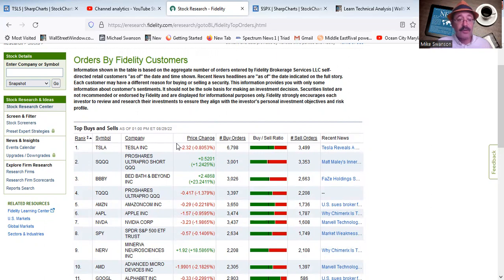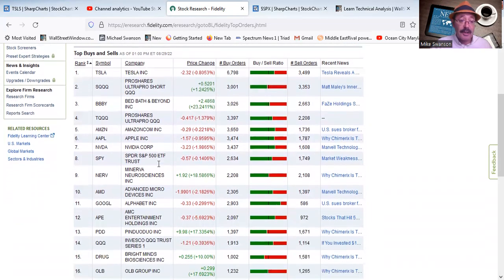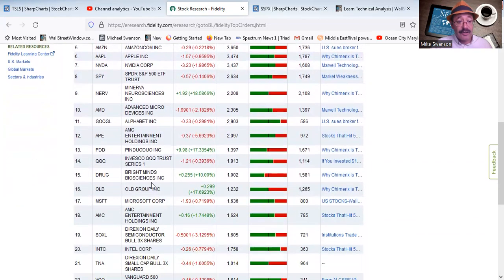Now, the past couple of weeks, we've seen NVIDIA, usually at the top, Apple at the top, ETFs such as SPY, these ultra ETFs, SQQQ and TQQQ, 3 times leverage ETFs, which is really high risk gambling, Microsoft.